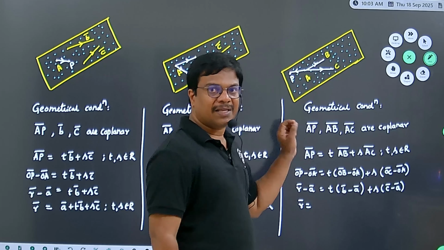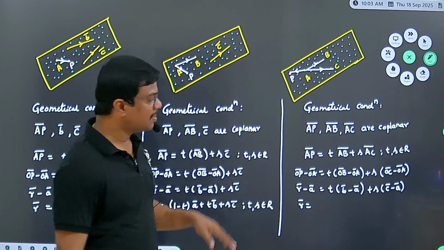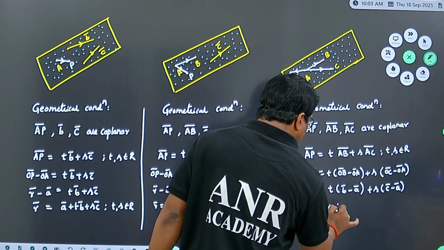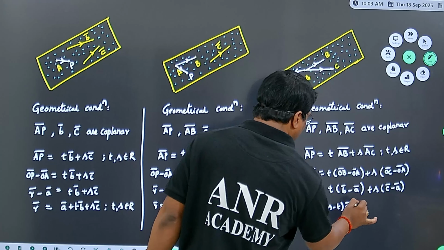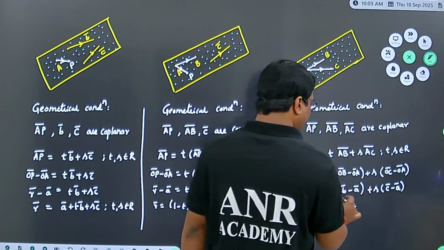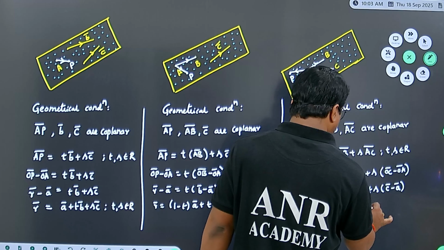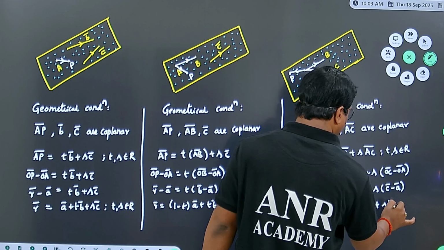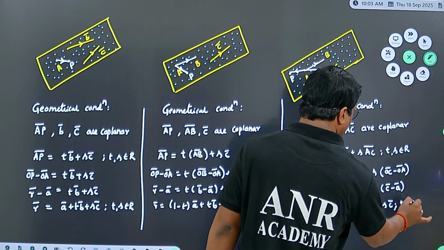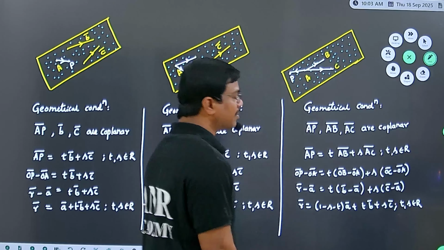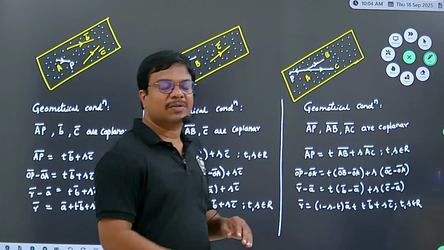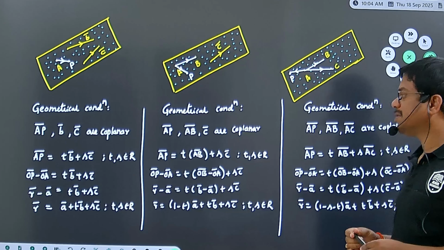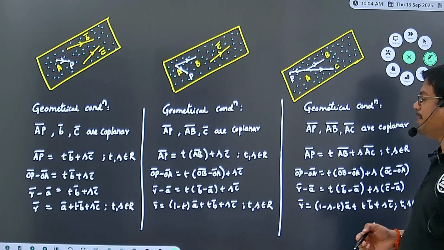If you write the A, B, C vector terms in one bracket, you will get 1 minus s minus t into A bar. Next, t times B bar, s times C bar, and in this case also t comma s are real values. This is about the vector equation of planes in different forms.